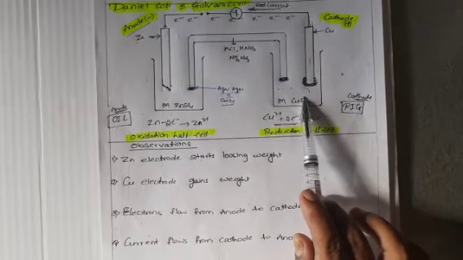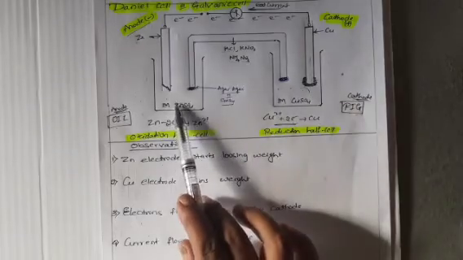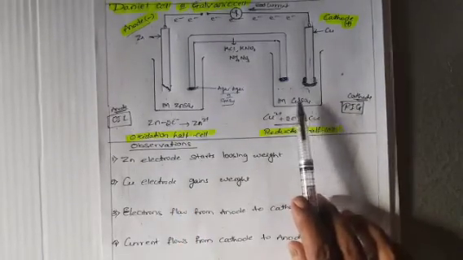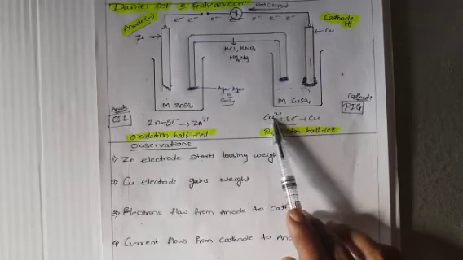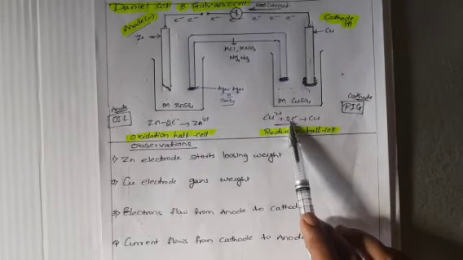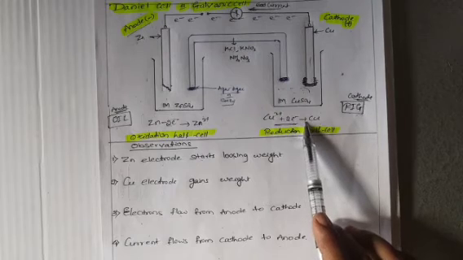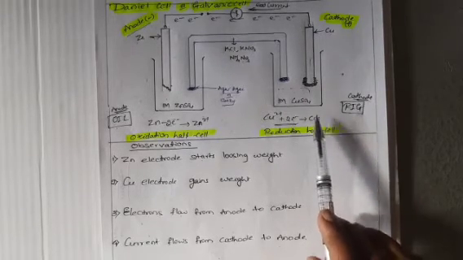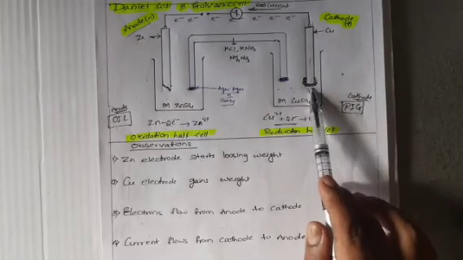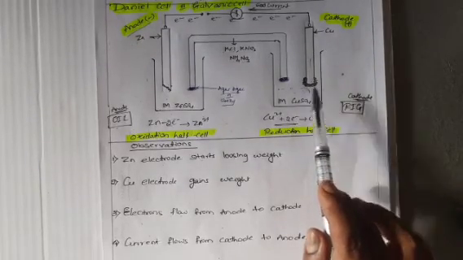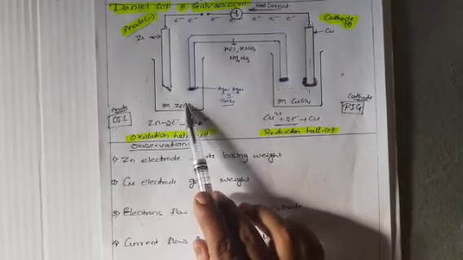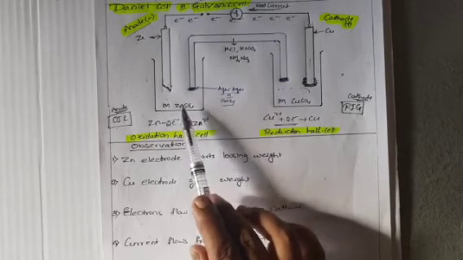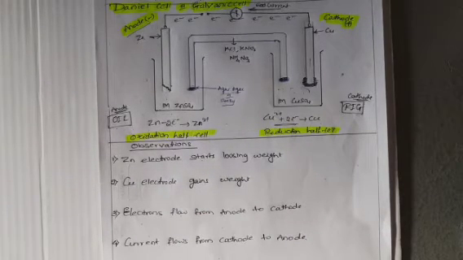Why does Cu2+ decrease? Because Cu2+ gains 2 electrons and becomes Cu. So the concentration of Cu2+ ion decreases in this beaker, and the Zn2+ ion concentration increases in this left hand side beaker. This is what your electrochemical cell is going to be.